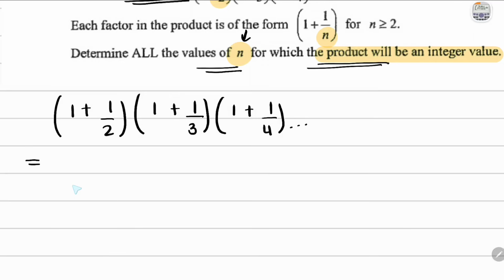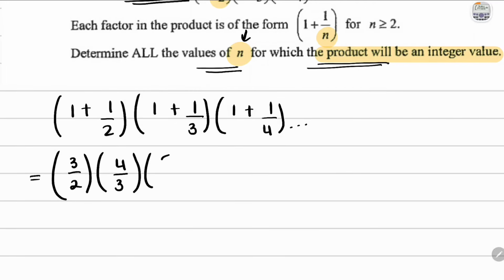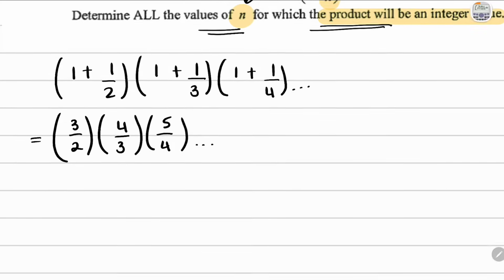So this is the product we're working on. Let's add 1 plus a half. You can use your calculator. That will be 3 over 2. So that one will be 1 times 3, which is 3, plus 1, which is 4, and the denominator stays the same. And this one, 1 times 4 plus 1 is 5, and the denominator stays the same. So this is what it looks like.